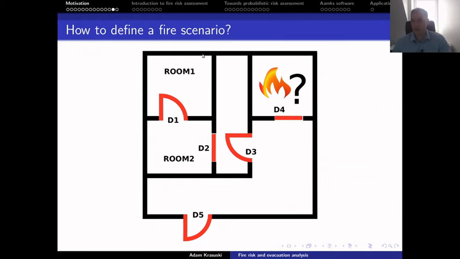For example, doors. Should we keep doors closed or open? Or maybe the worst case fire scenario, because we are trying to find such a situation, is when this and this door are open and this one closed.